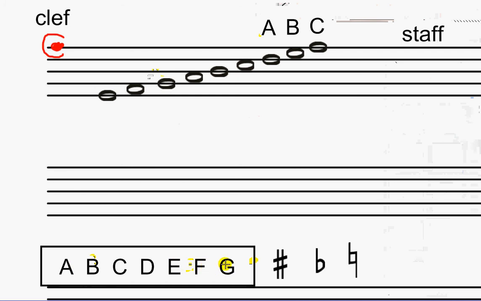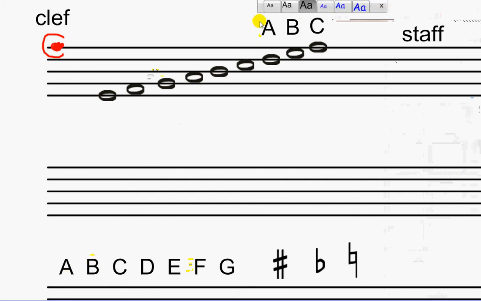If you were at F and then G and we're going this way, you would come out at A for the next one. So that means that this note would be labeled G. Right? And you would continue with F, E, D, C, B, A, etc.